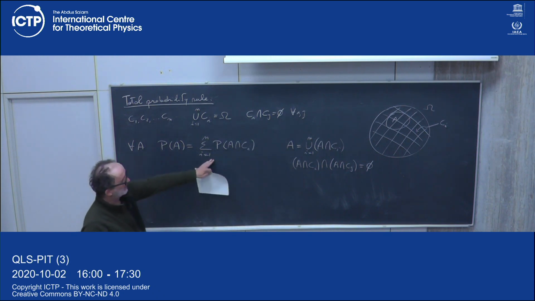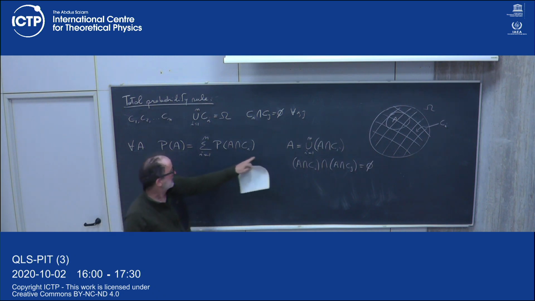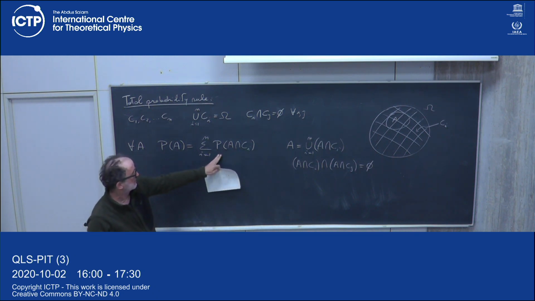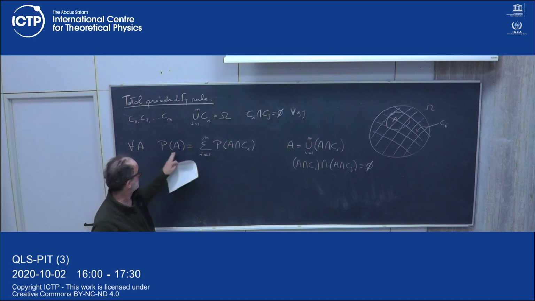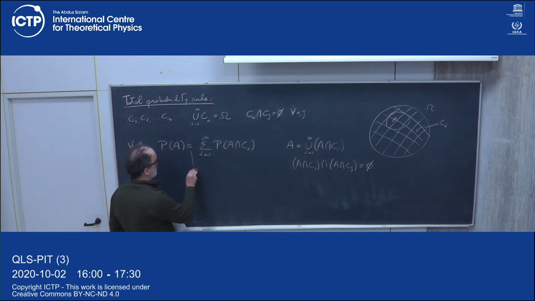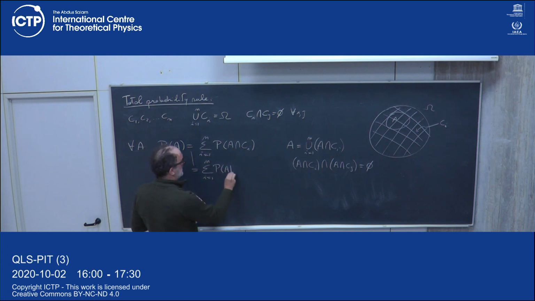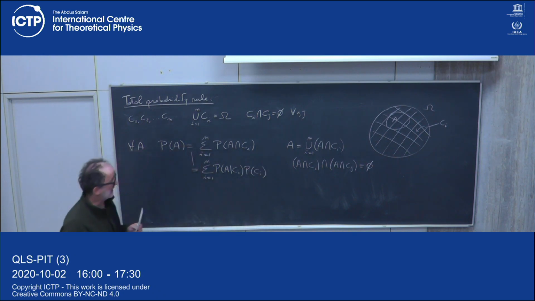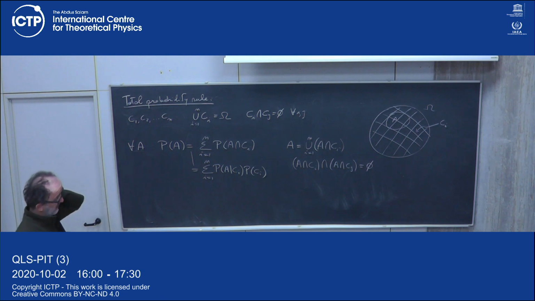So then, because of these two things, you can expand the probability in this way, and then you can use the definition of conditional probability and write this as the probability of A given Ci times the probability of Ci. So why is this useful?